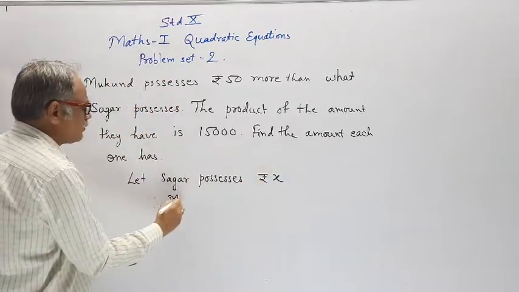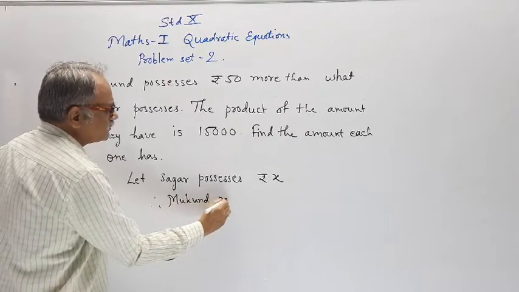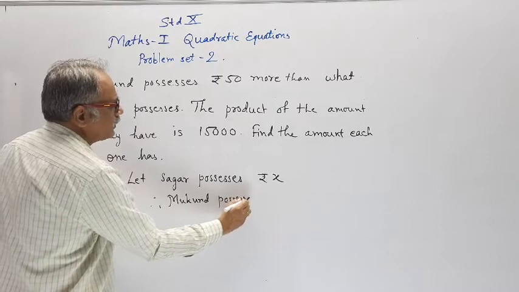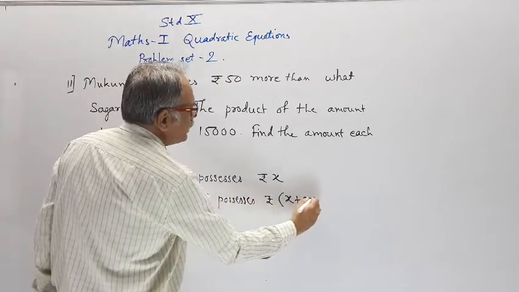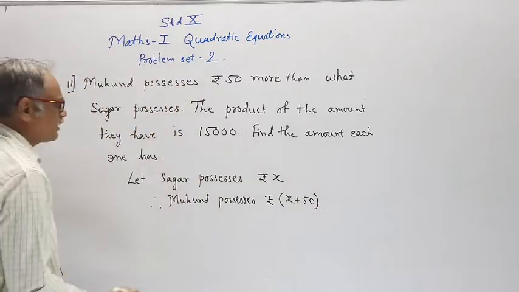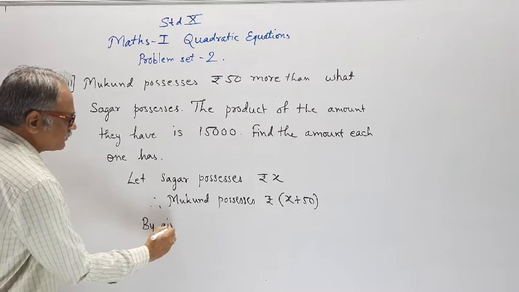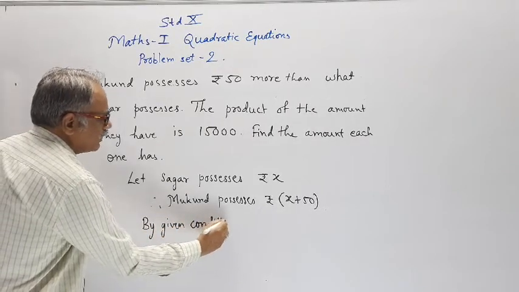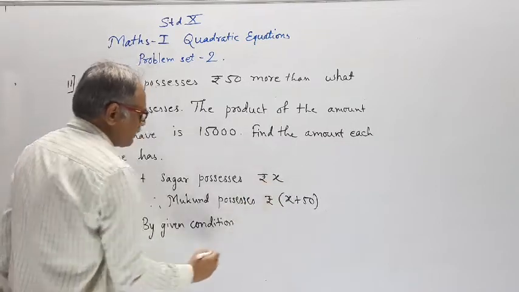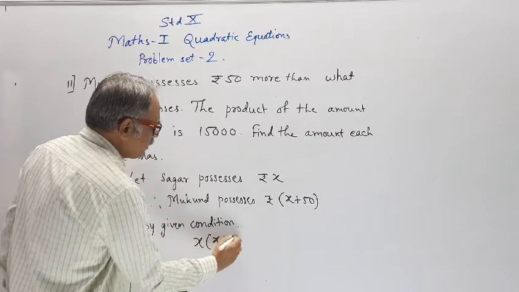Therefore, Mukund possesses 50 more than that, rupees x plus 50. By the given condition, the product of the amounts x and x plus 50 is 15,000.